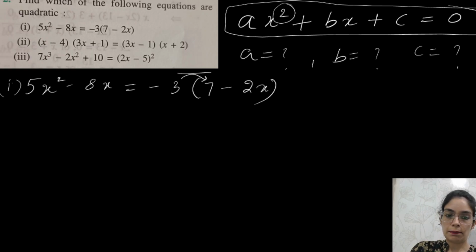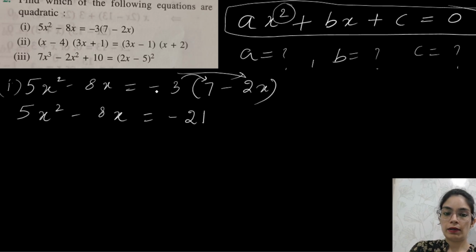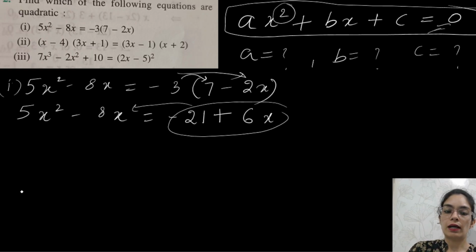So I just multiply this. So it will become 5x square minus 8x is equals to minus 3 into 7 is minus 21, minus 3 into minus 2x, this will become plus, because minus into minus is plus 6x. Now because here everything is equals to 0, these two we will shift to the other side.